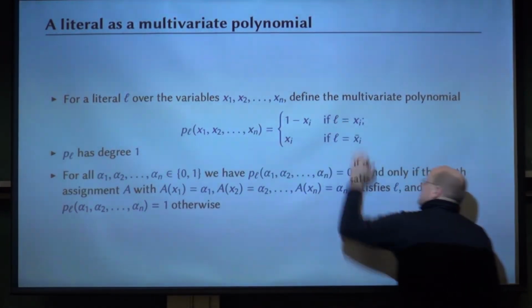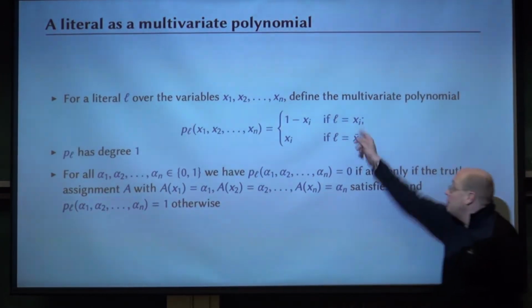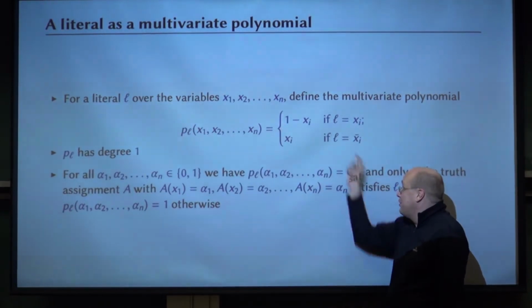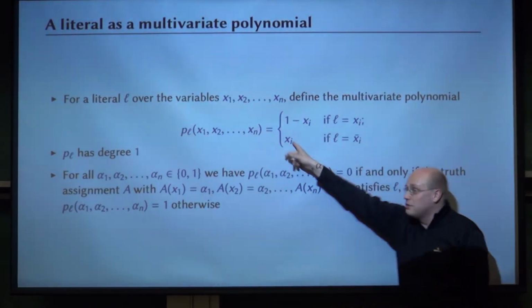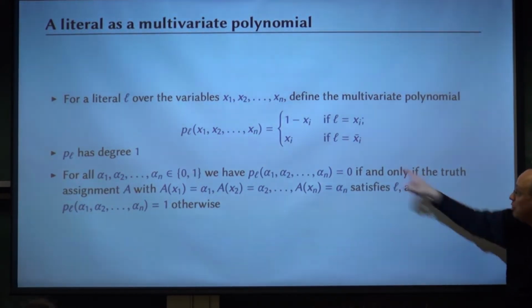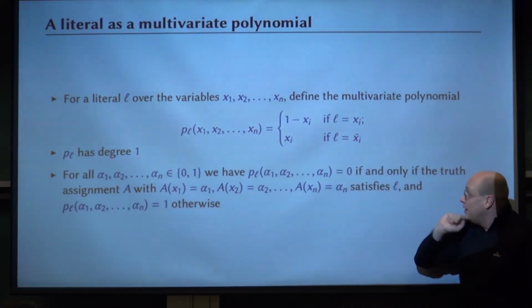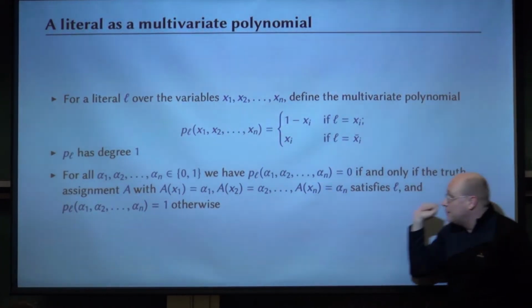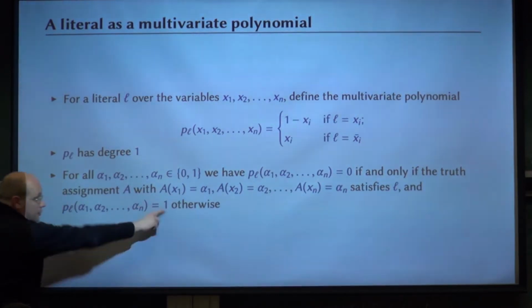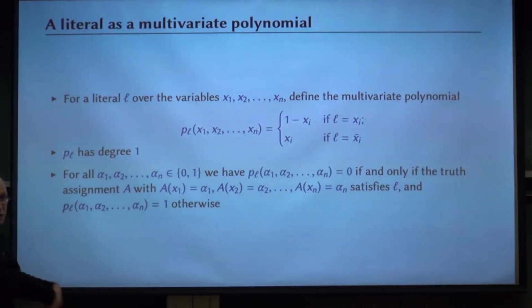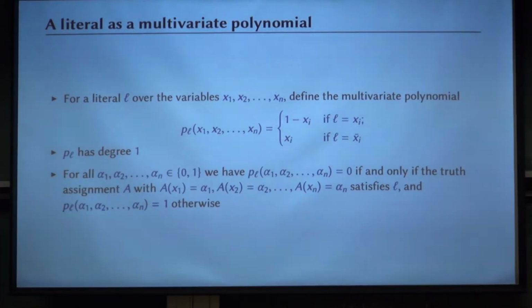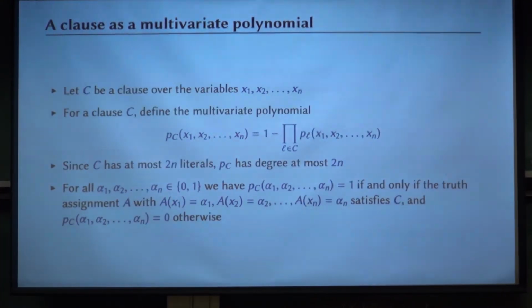If the literal is positive, namely the variable itself, then it's 1 minus the variable, and otherwise, if the literal is negated, let's take the variable itself. Again, we can verify that this polynomial assumes the value 0 if and only if the assignment satisfies the literal, and if not, we get the value 1. So it's basically complementary, for the purpose that we want to use this to define clause polynomials, which we will do on the next slide.